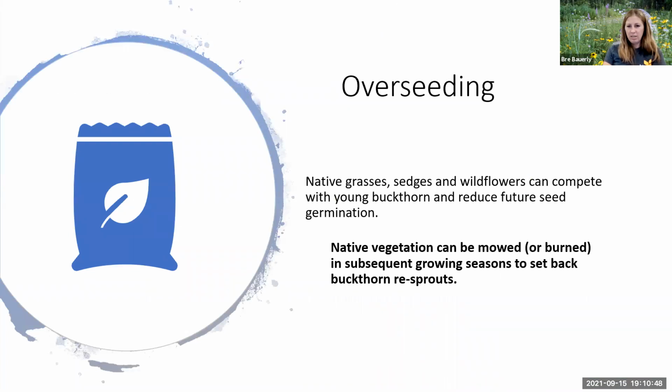So overseeding is an awesome idea. And if you have a really heavy buckthorn infestation and you're worried about resprouts, you might consider waiting a year to do a seeding.